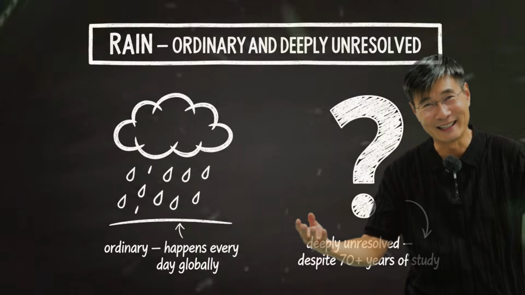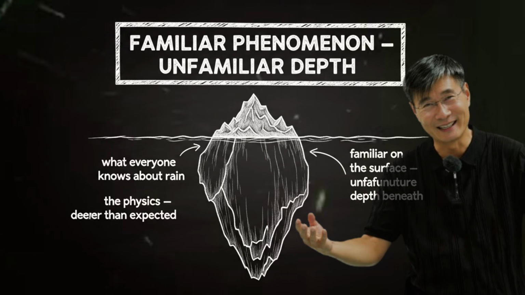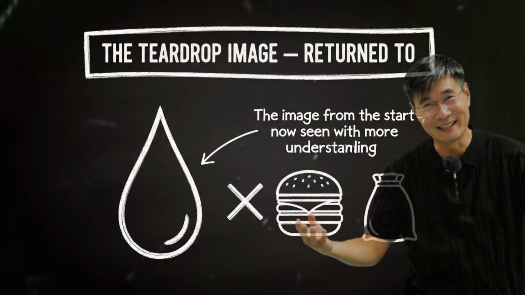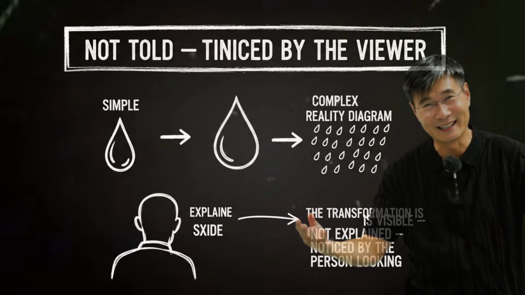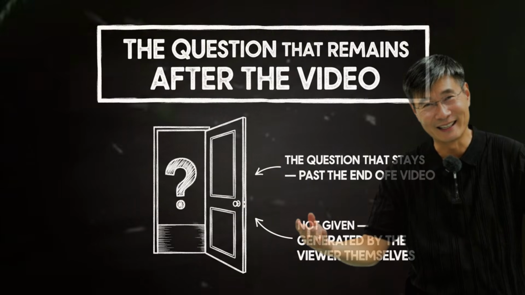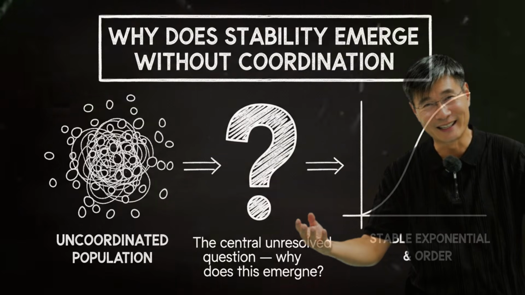The analogy breaks exactly here. Drops have no models. They obey local physics, one collision at a time, with no awareness of the global distribution they collectively produce. The stability that emerges without coordination or global feedback is precisely what lacks a fully satisfying explanation.